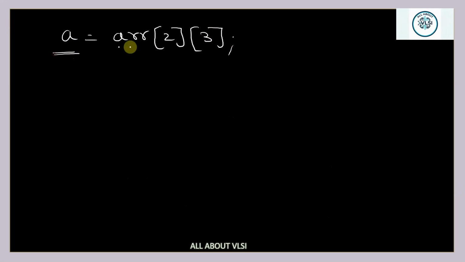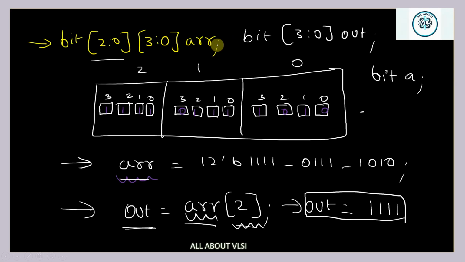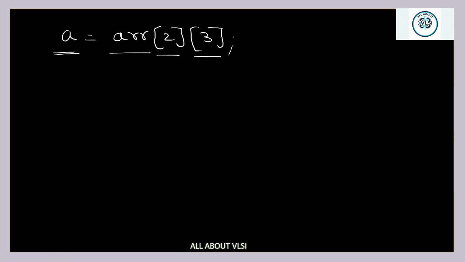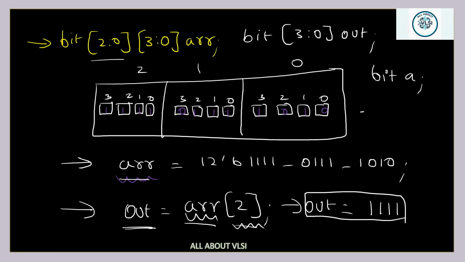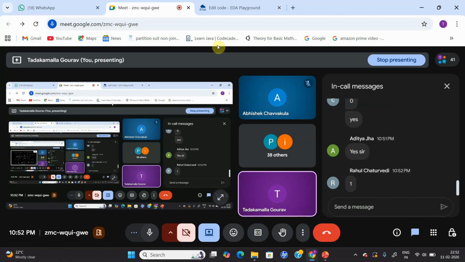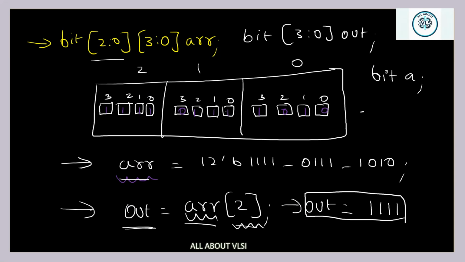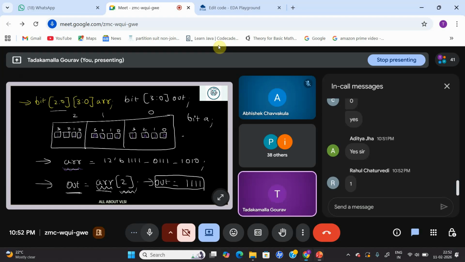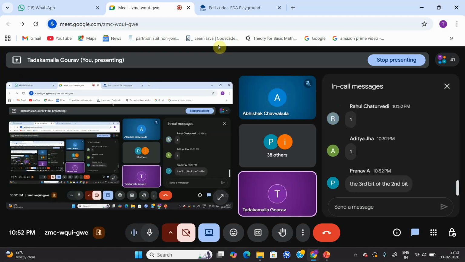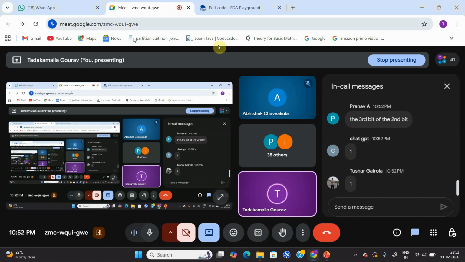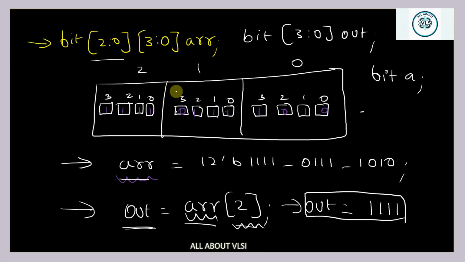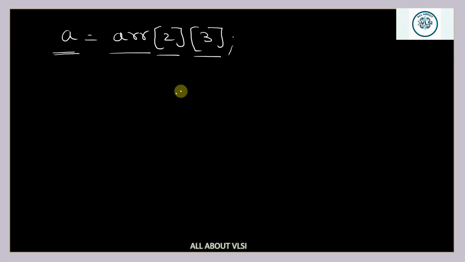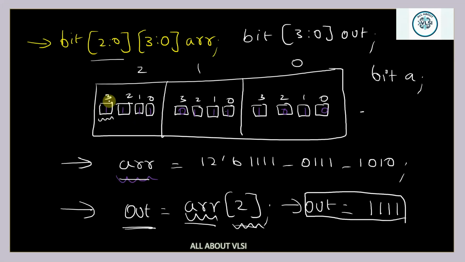Now what will be the value of a if I'm mentioning ARR of 2, 3? Exactly, 1. Correct. I'm referring to the last section, and in this section I'm referring exactly to the MSB. So the value of a will be equal to 1.